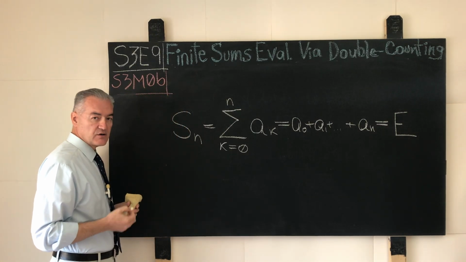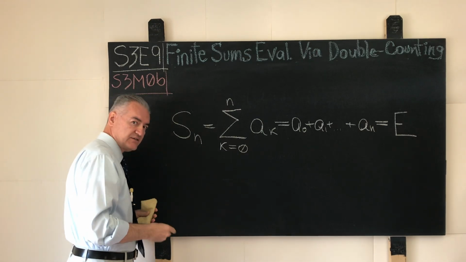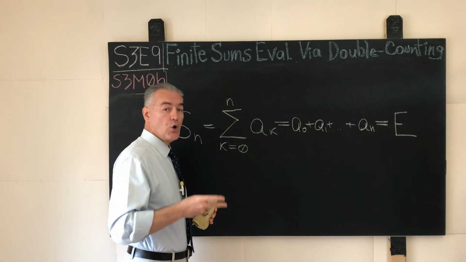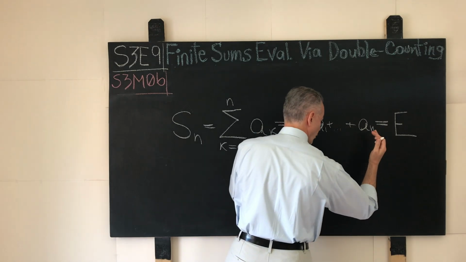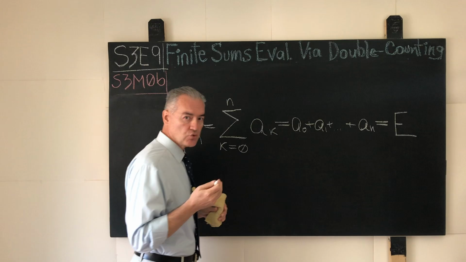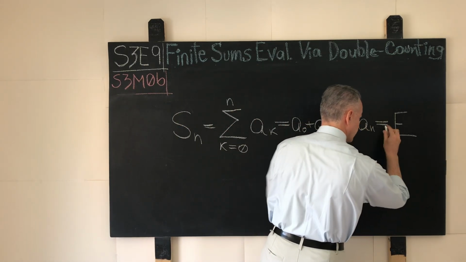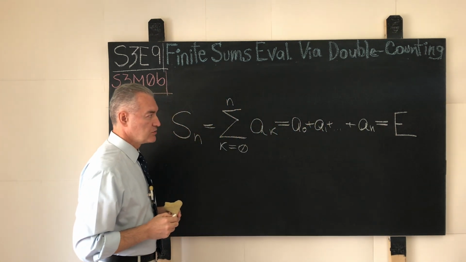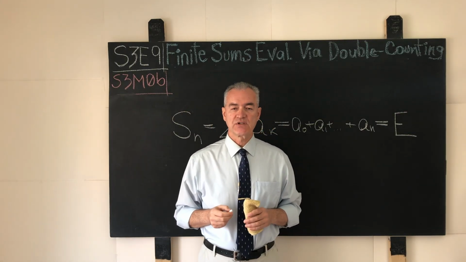And again, the ground is fertile for an opportunity to construct, invent, synthesize, discover, pick your favorite verb, two stories. One story that will explain or represent one side of our relation, and another story that will represent the other side of the relation that is captured by the equal sign. And in the context of finite sums, that can be done as follows.